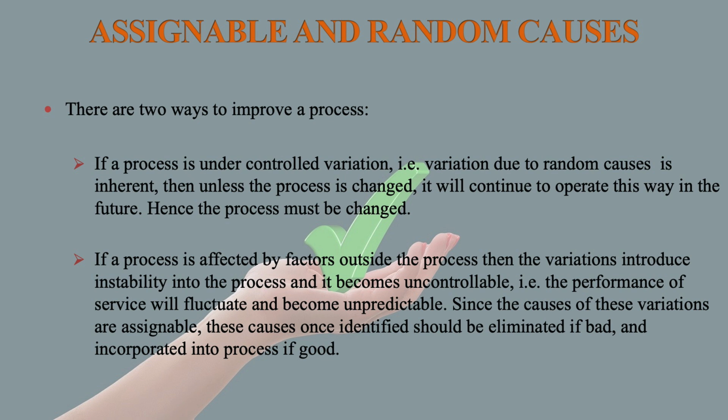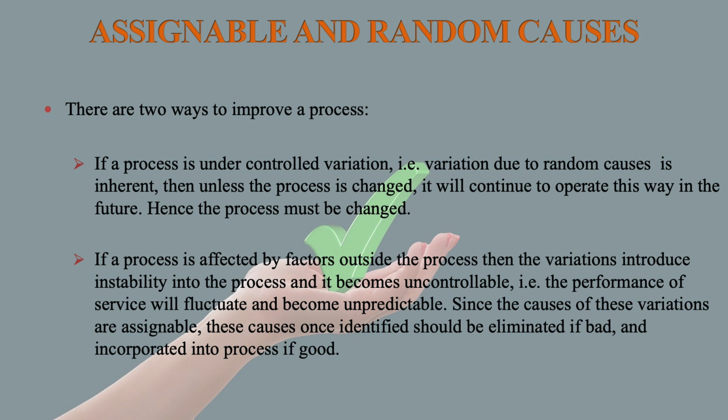If a process is affected by factors outside the process, then the variations introduce instability into the process and it becomes uncontrollable. The performance of service will fluctuate and become unpredictable.